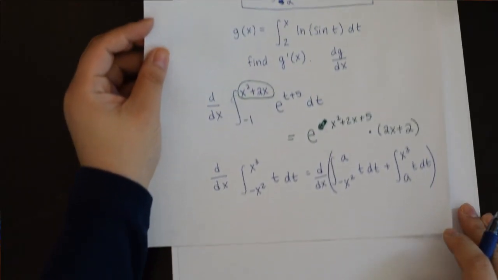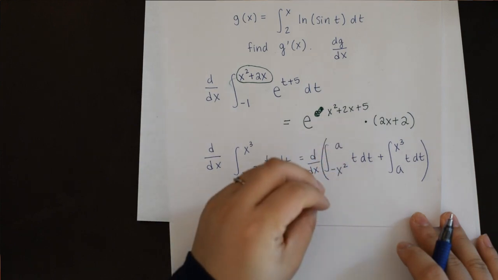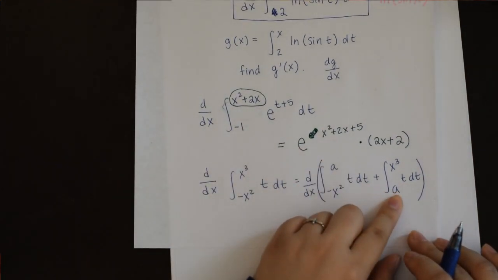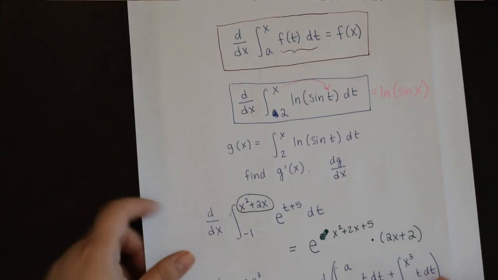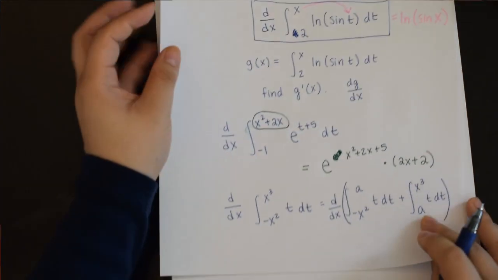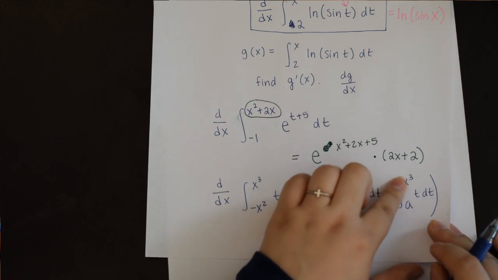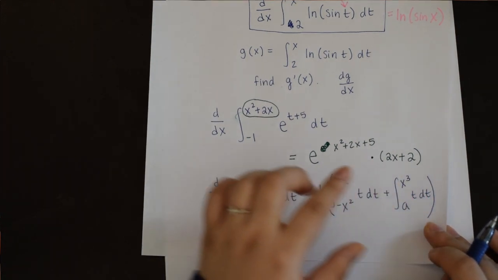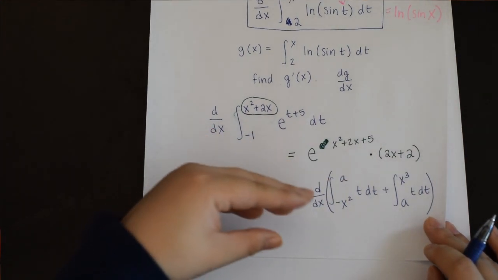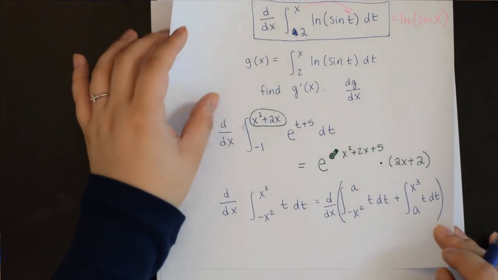So it might seem kind of random that I split this up with a's here, but we are a step closer to at least this part looking like something that we recognize with the a to the x, or we just talked about an a to some function of x instead. So this piece is looking better, and that's why I'm just putting a number. I'm making it look like our type 2 or type 1 from before.